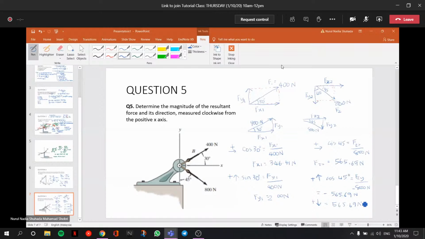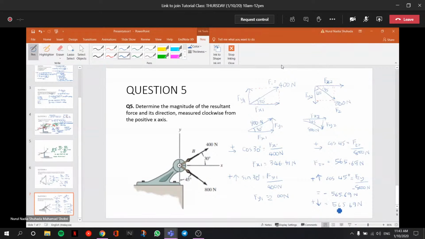Okay, so the negative is actually very important here according to the definition of your directions. If you define positive upward, then negative would be the right answer. But if you redefine positive to be downward, it can be 565.69 Newton. Okay.